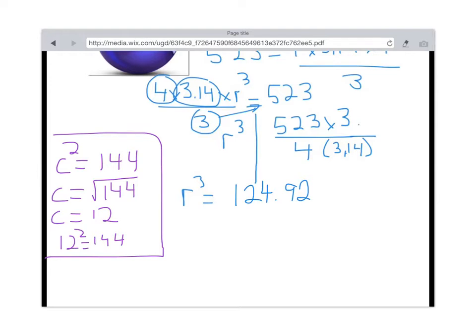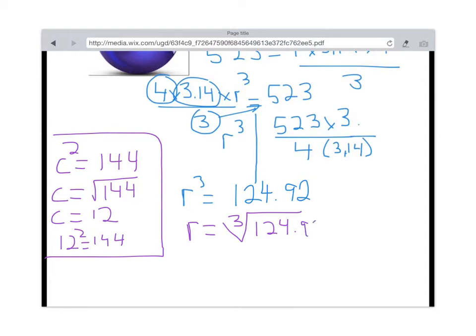If you look at what we have in this equation so far for our sphere, we have r cubed equals 124.92. So we don't want to take the square root. This is going to be something that we haven't done before. What we want to do this time is we want to take what's called the cube root.